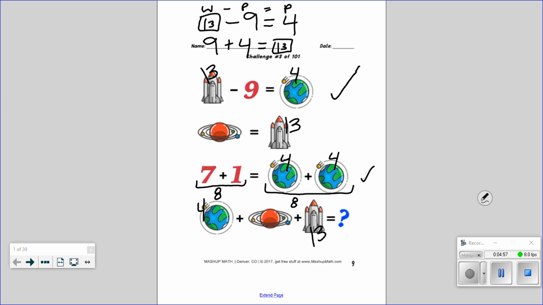Yes, so now that I know that, do I know? You see the second one? The planet equal to rocket ship. So that means planet has to be 13 too. Yeah, if rocket ship is 13, then that means planet is 13 to make that equation true.